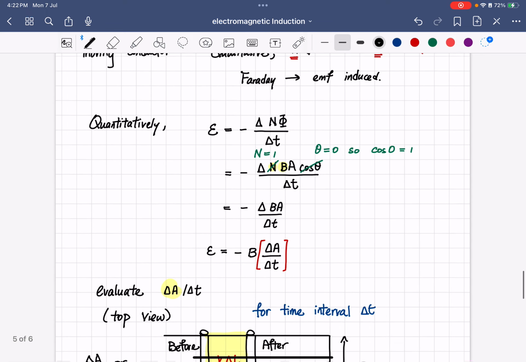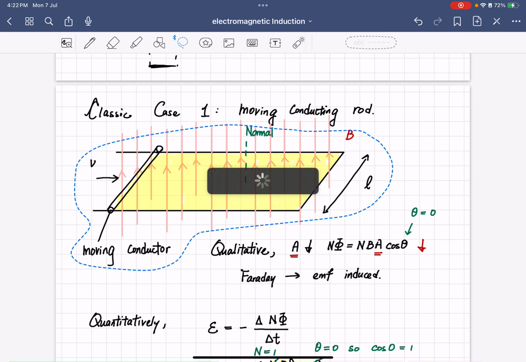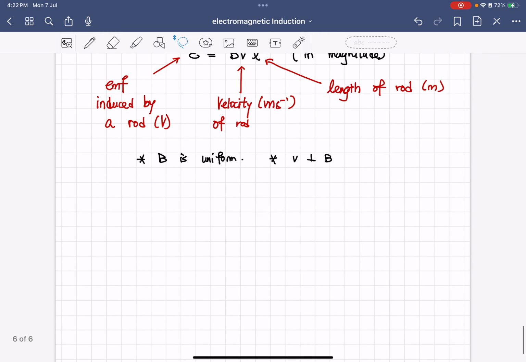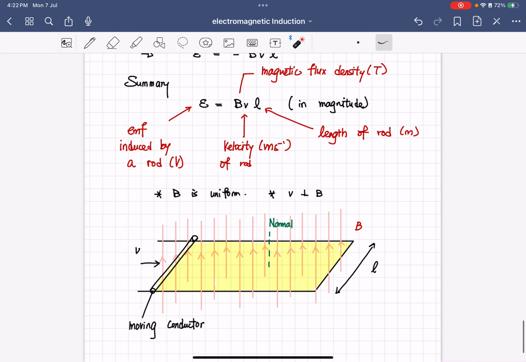So therefore, it means that we have this setup accompanying this equation. When this rod is moving to the right-hand side, there will be EMF induced. The same thing should also happen if the rod is moving to the left. It will not affect the magnitude of the EMF induced.